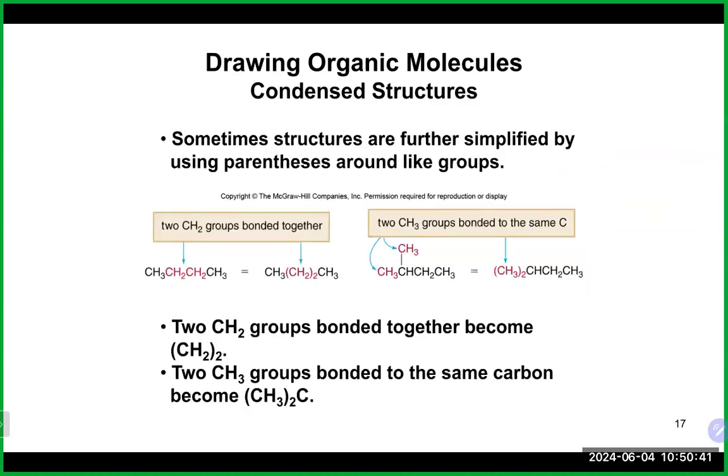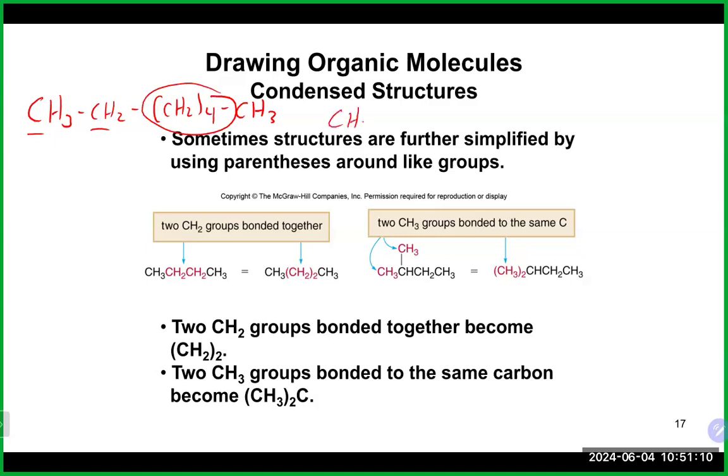In addition, sometimes there are a lot of long organic molecules that have units that keep repeating. So for example, you could have something like this, and in this particular case, there's a carbon, and this is basically just 4 of the CH2 units repeating itself.